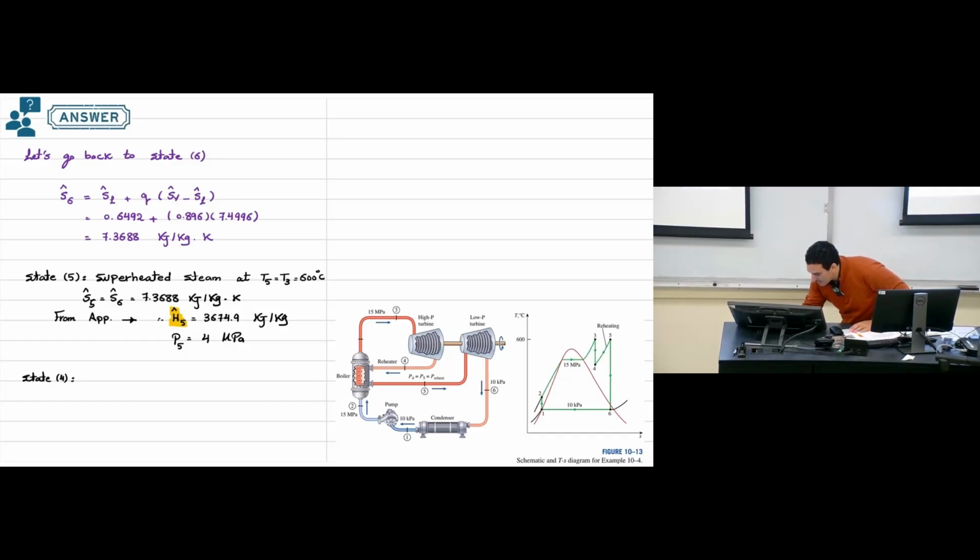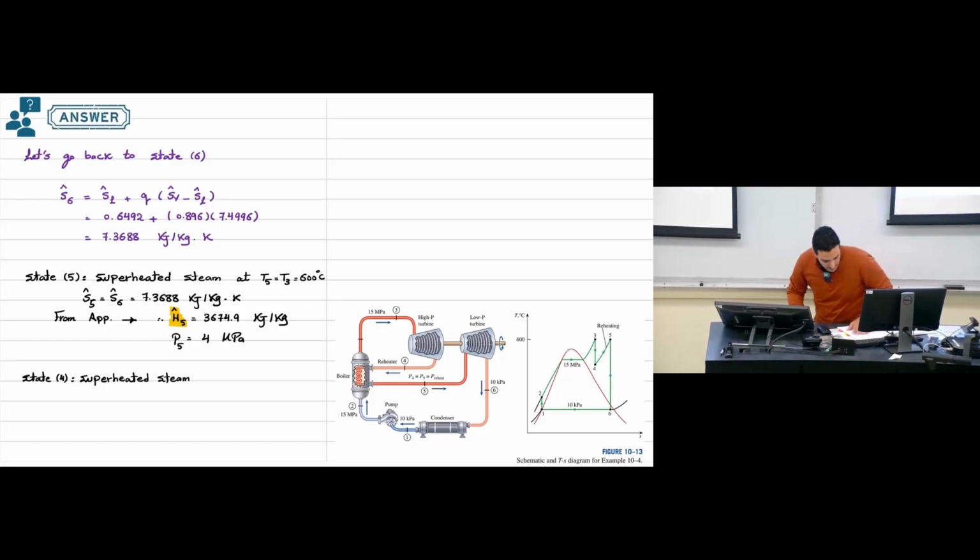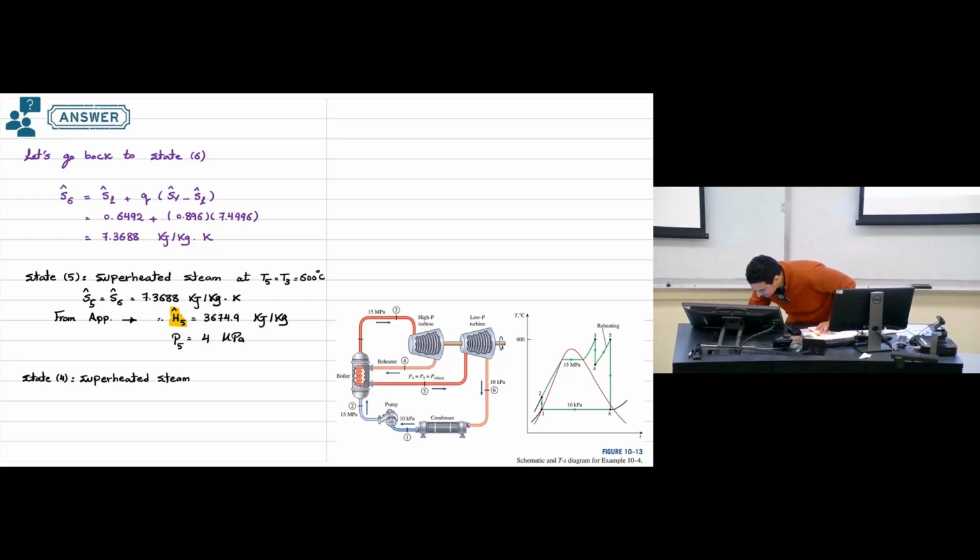State 4 also as superheated steam. And for this superheated steam, we have pressure at point 4 equal pressure at point 5 equal 4 megapascal.